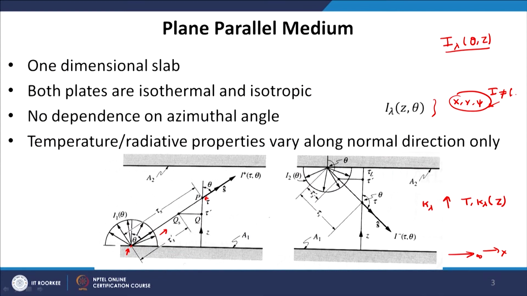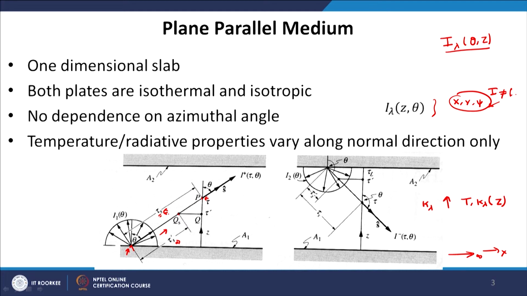So, starting from the point of origin of the ray, we use coordinates tau s and tau to represent the position of any point between the origin and point P. Any point on this, let us say Q, has optical path length tau s prime, and the optical path length of point P has value of tau s.